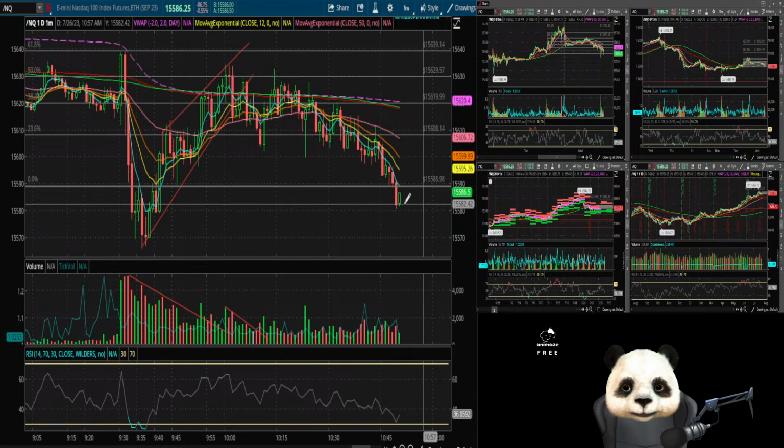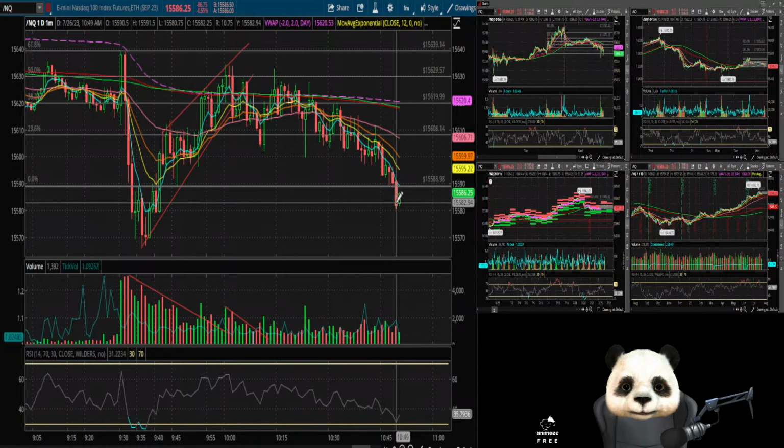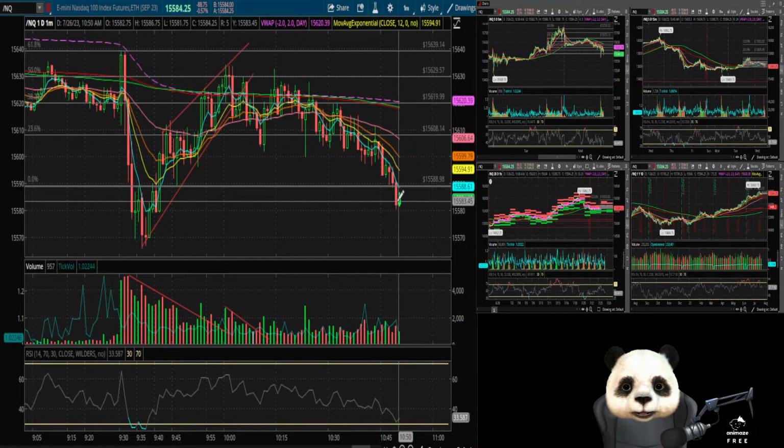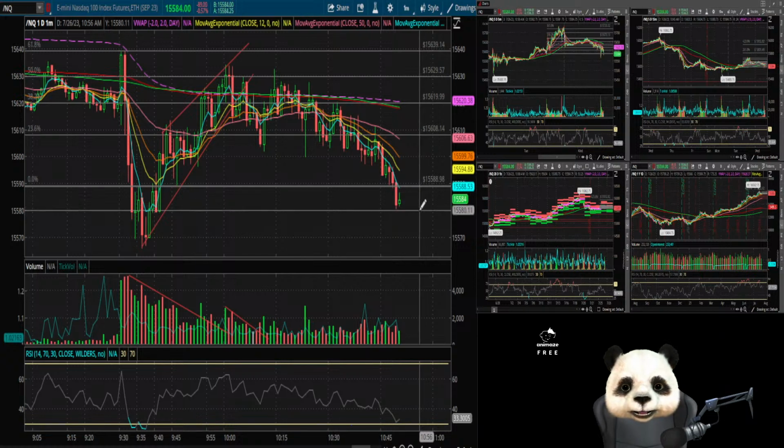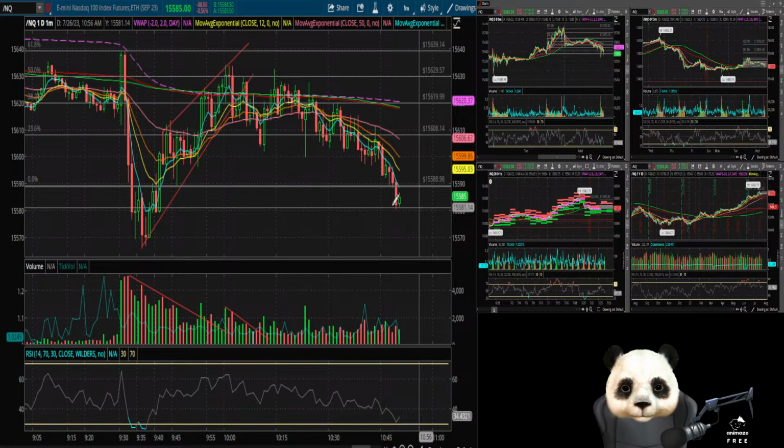I would have done like 50 cents, but on Nasdaq I'll usually do a little bit more, maybe even a point or two or three above where I'm trying to take my ideal target. I'll profit take a point or two above, which would have just hit.